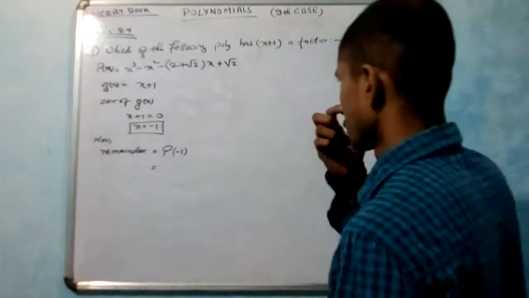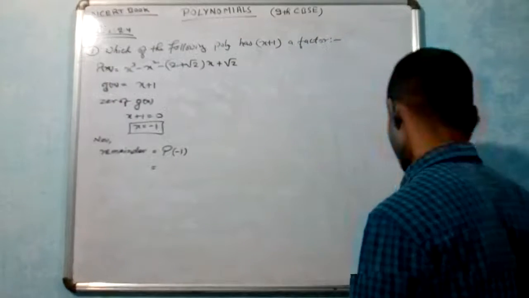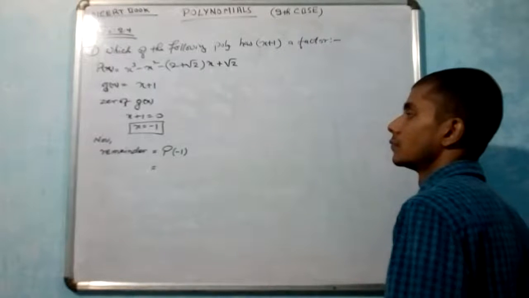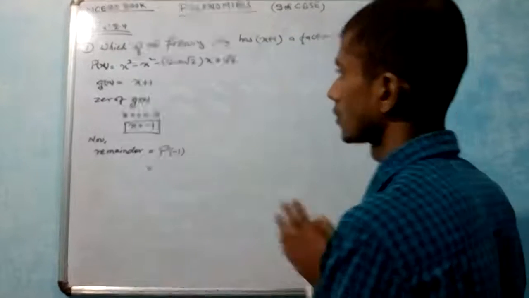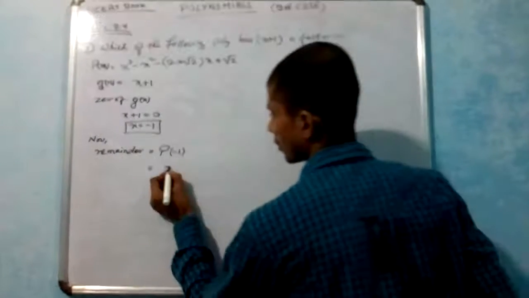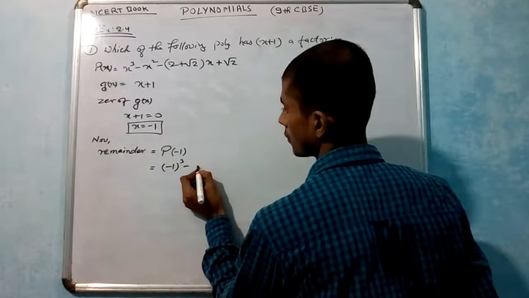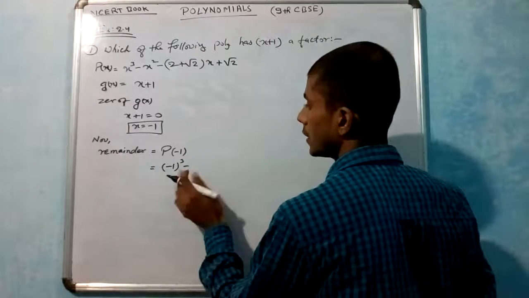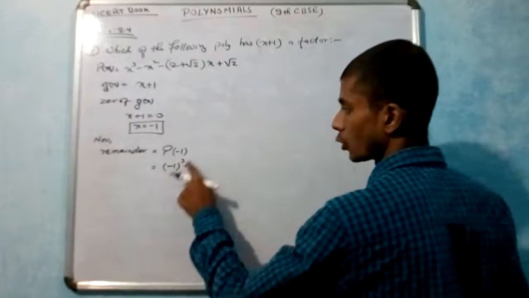Come on, tell me fast. Here, man, here. I wrote minus 1 whole cube, not that. What should I write?